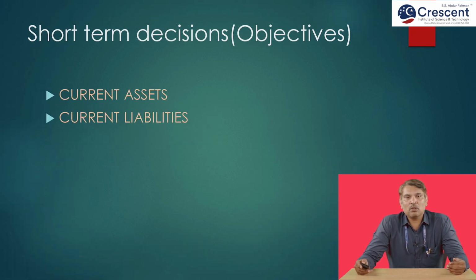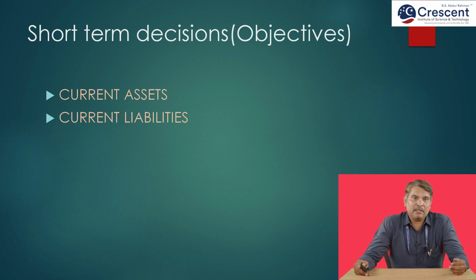Next we can move on to the short-term decisions related to the objectives. Again, the money is going to be employed in a current asset or a current liability. Money that comes in, the inflows, gets into the current assets part, and the money that flows out gets into the current liabilities part. Let us have a brief discussion on current assets.